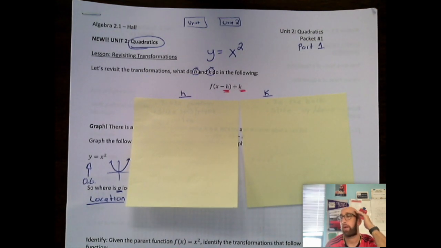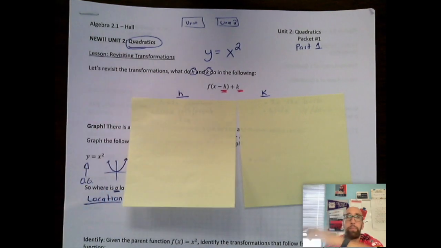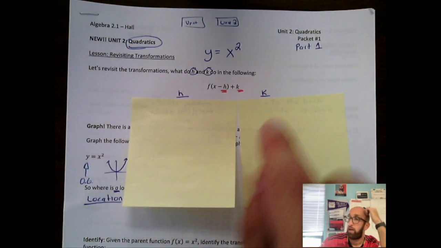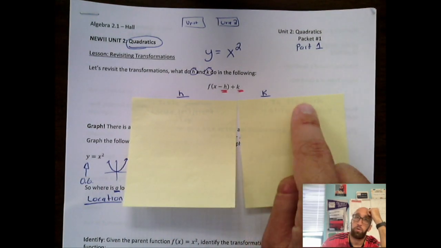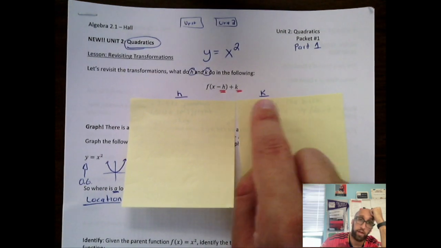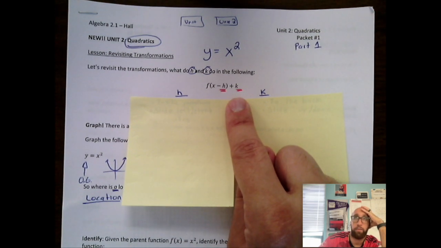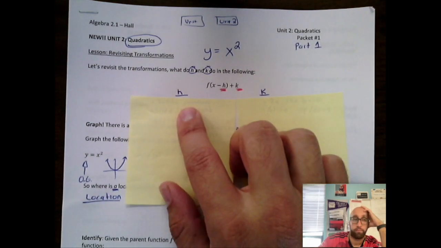So things that I would write down is I would maybe write down h and maybe talk about location of h and what are all the things that h can do. And then I would write down k, talk about the location of k and all the things that k could do. So take a second, think about it, write it down, write down everything you know about h and k.